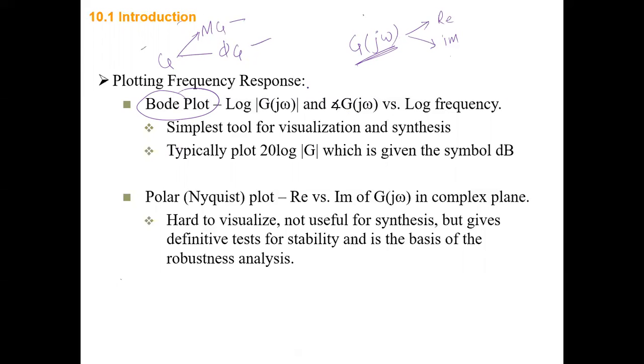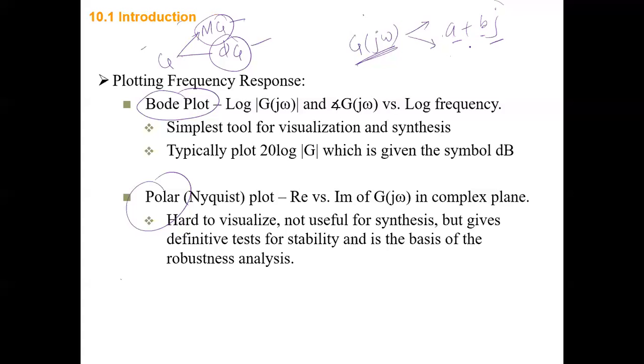That's the Bode. However, in the polar, what you do is you write G as A plus Bj, like this. Instead of writing Mg and phi g, you write G in a different form, meaning A plus Bj form.